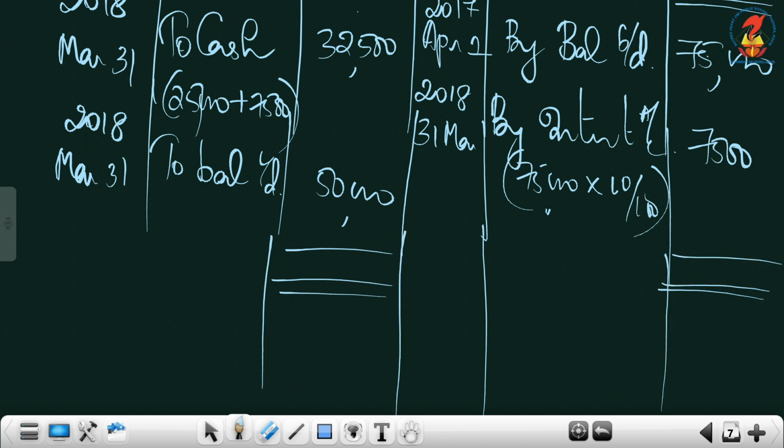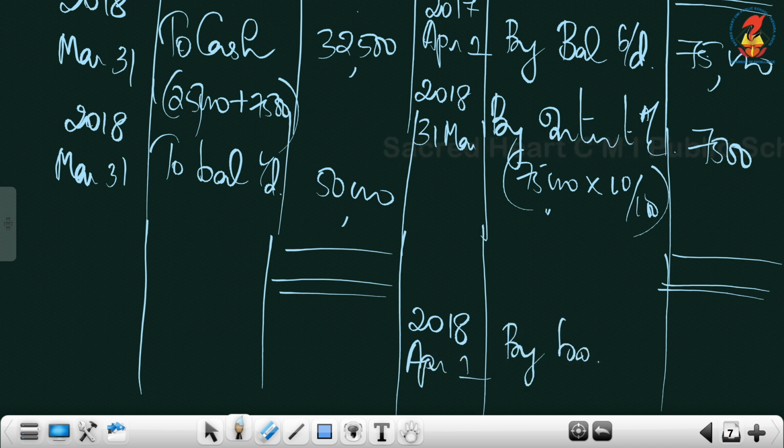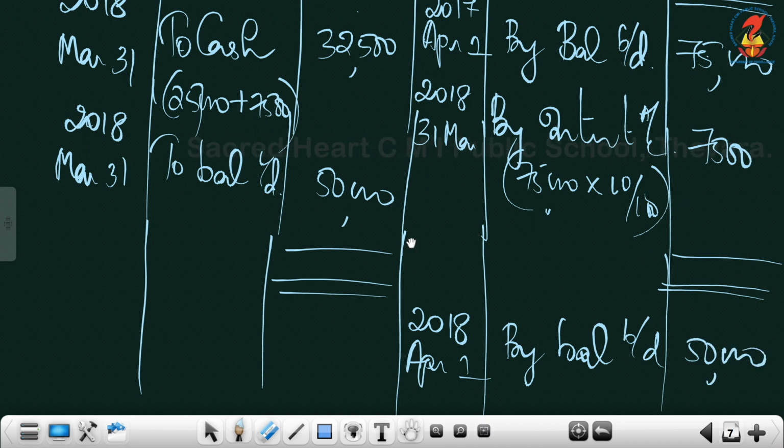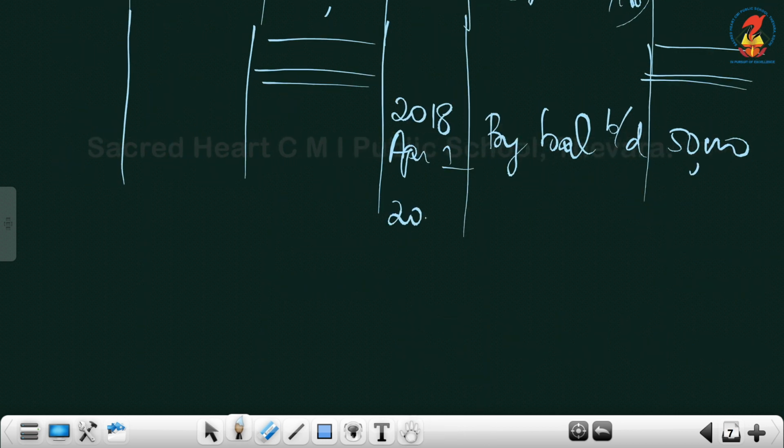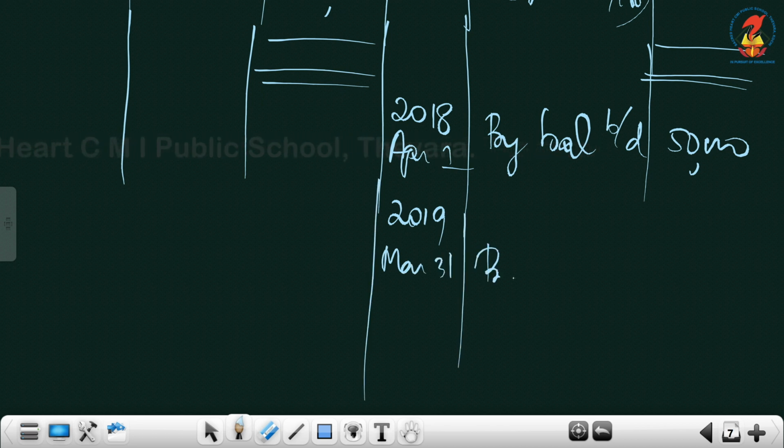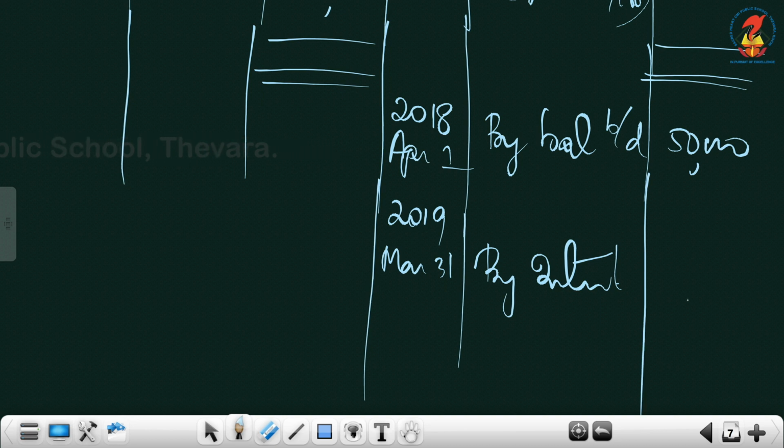This is a ledger account. Moving on to the third year, we will start with 2018 April 1st. By balance brought down, it is 50,000. Then year ending 2019 March 31st, you will provide interest. So by interest, you will compute 10% on this 50,000.